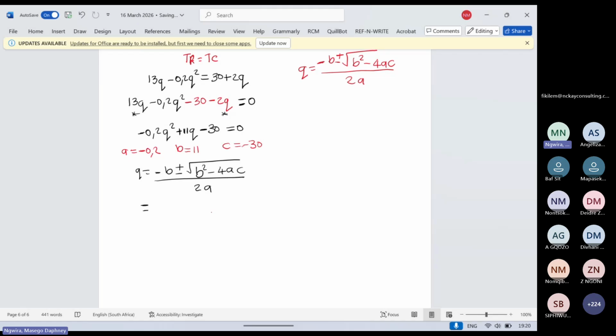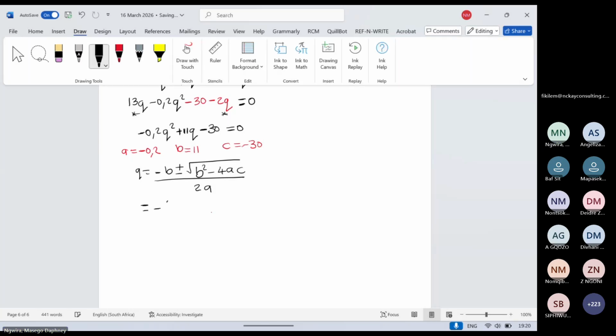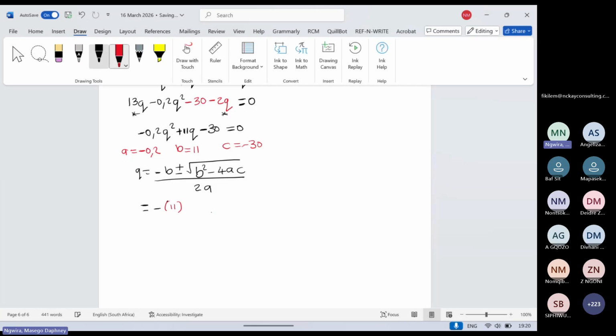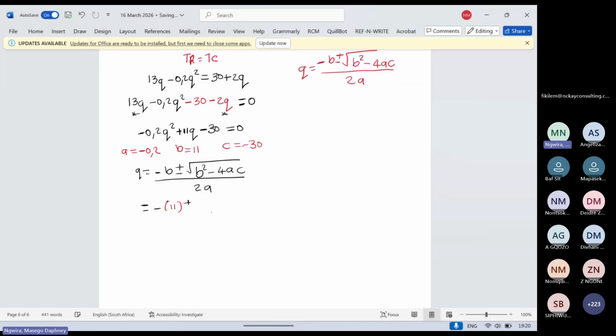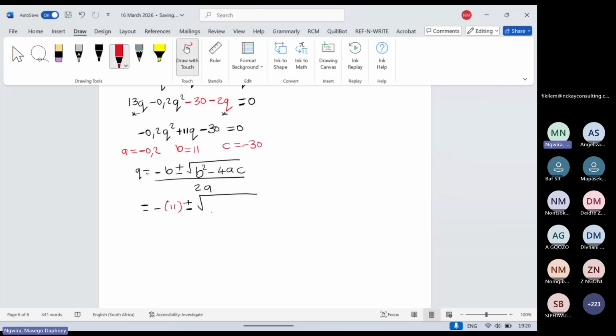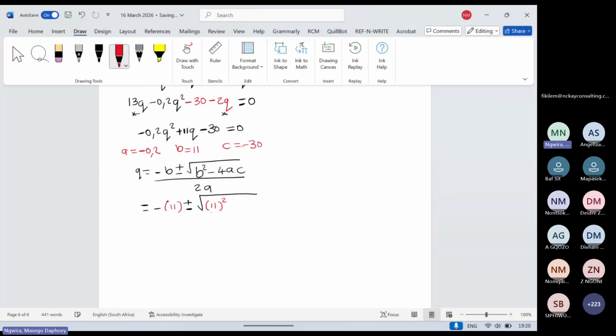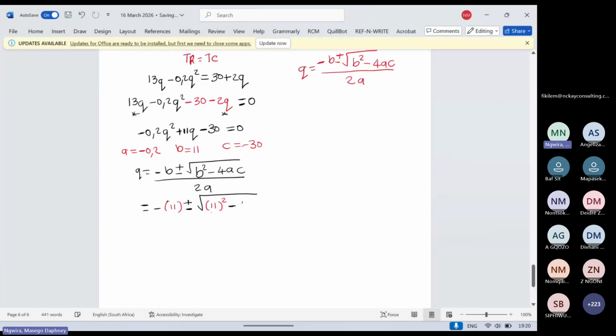And now we replace. Our B is 11, so this is negative, then in brackets you put 11. Then plus or minus the square root, and our B again is 11, 11 squared, and then minus 4.